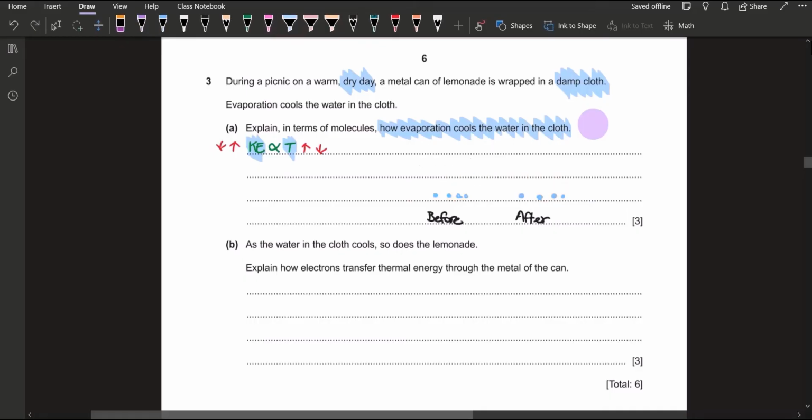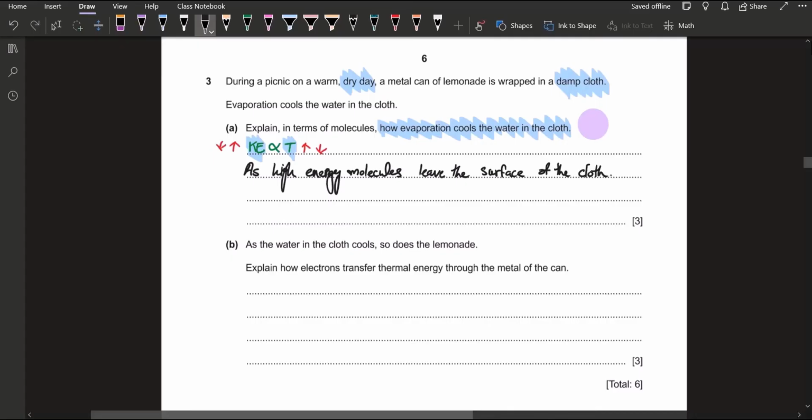I'll take this out for you guys and we can write it down here. So as high energy molecules leave the surface of the cloth, the kinetic energy of the water in the cloth decreases.